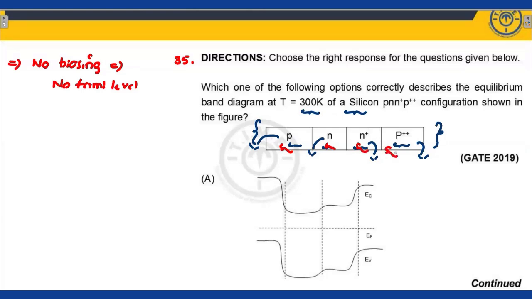What happens, my dear friends, is that in P type of semiconductor, I told you the Fermi level is always closer to, because in P type semiconductor, I told you in today's class only, the Fermi level is always close to EV.